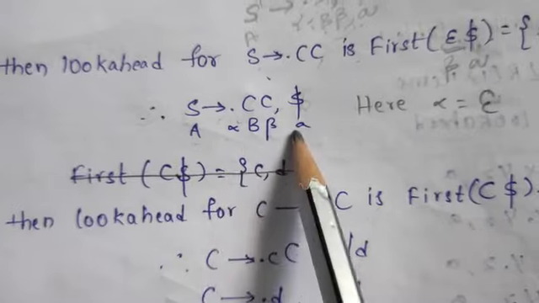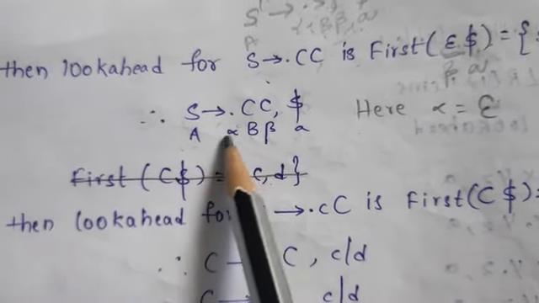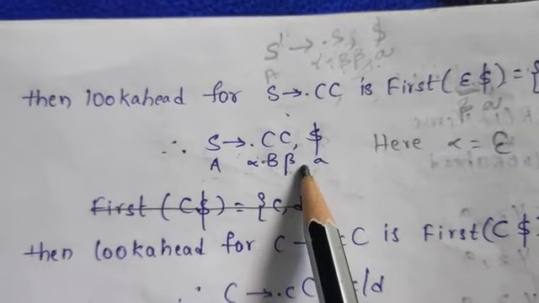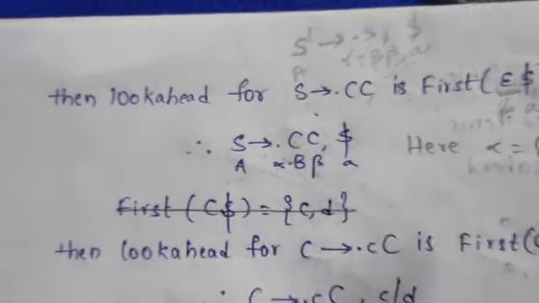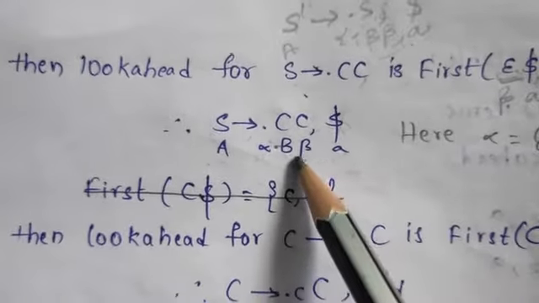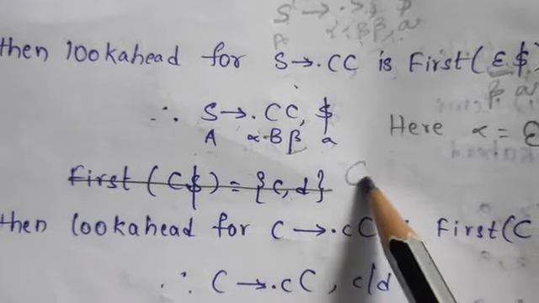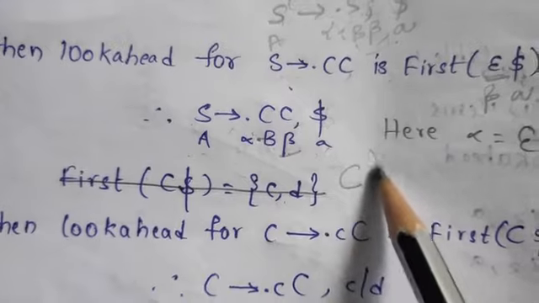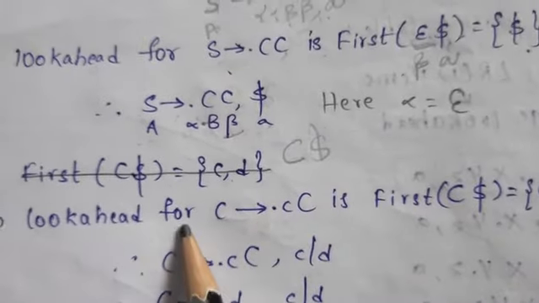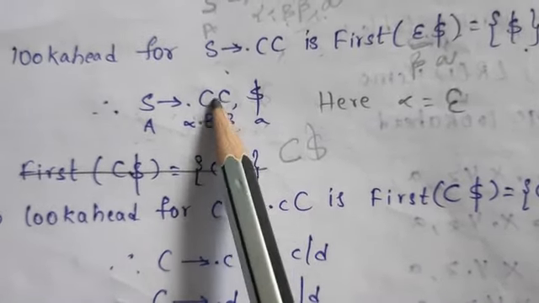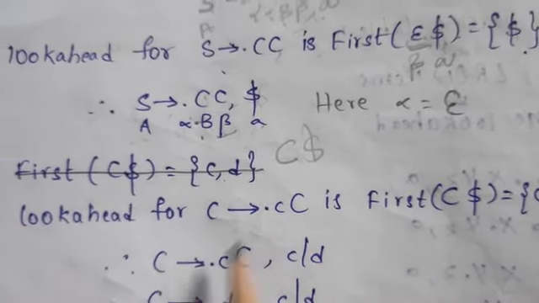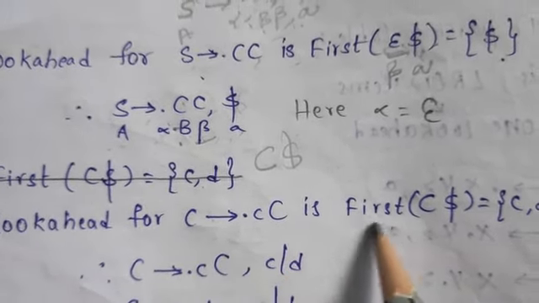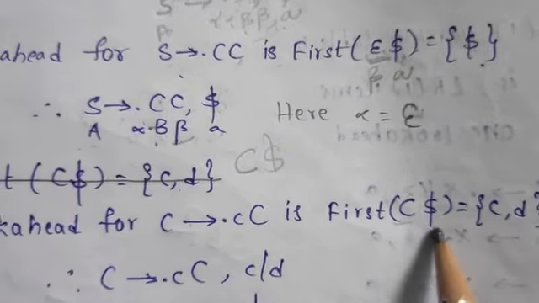So again this will be converted like that: A tends to alpha dot B beta comma A. Here beta is nothing but capital C and A is nothing but dollar. So for the production that starts with C, the lookahead is first of capital C and dollar.